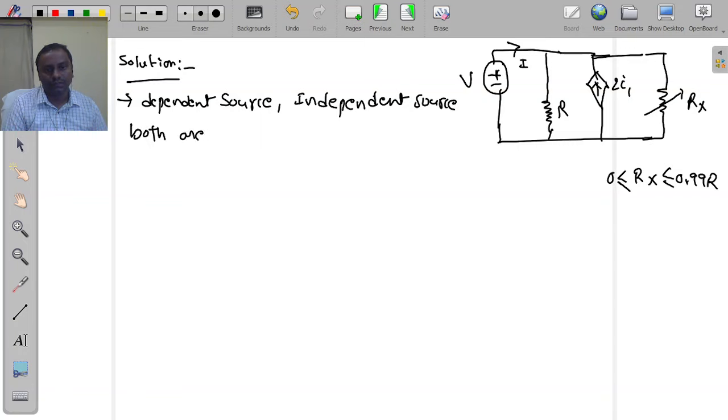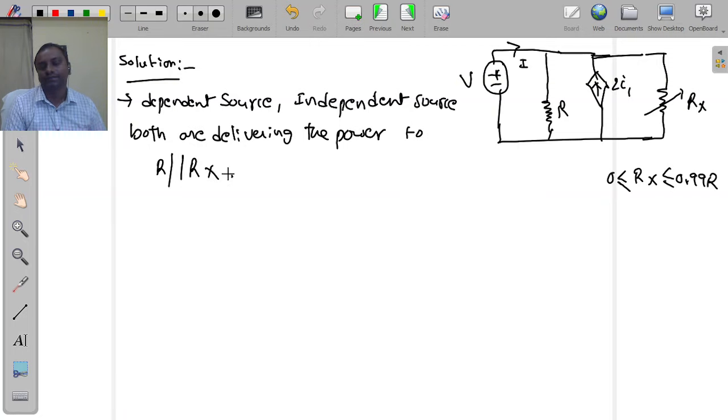Both are delivering the power to R in parallel with Rx. Correct? The total resistance in the circuit is R in parallel with Rx.